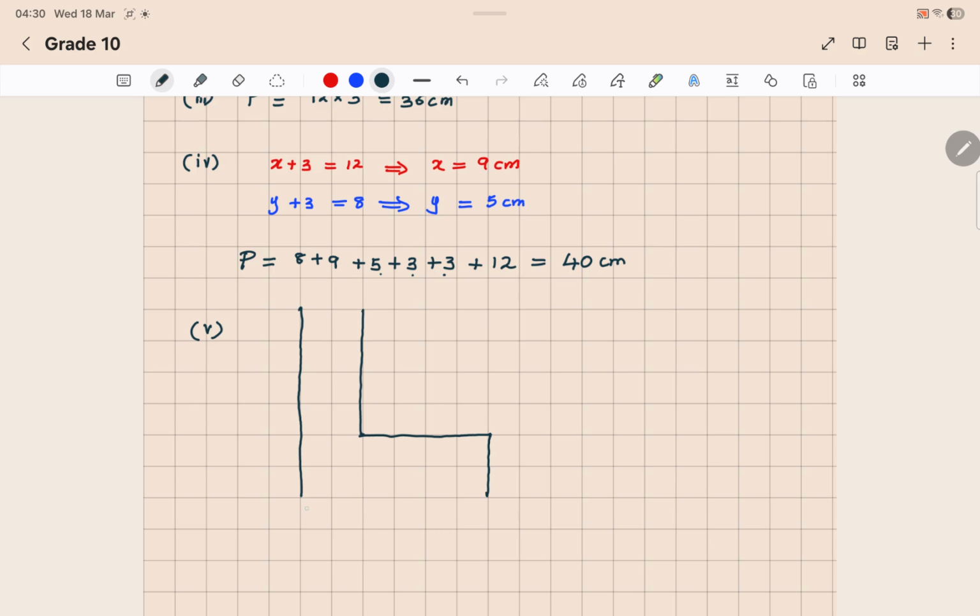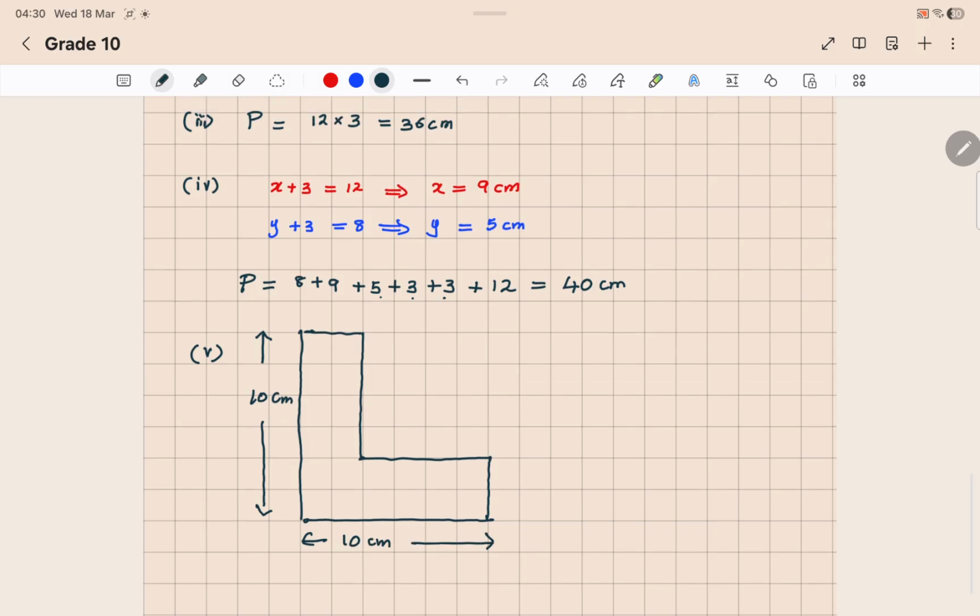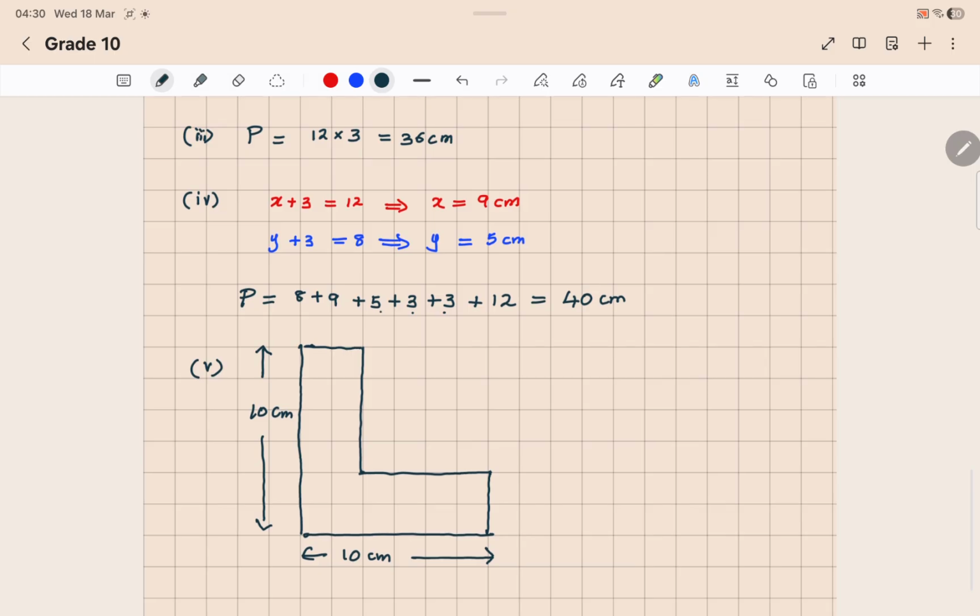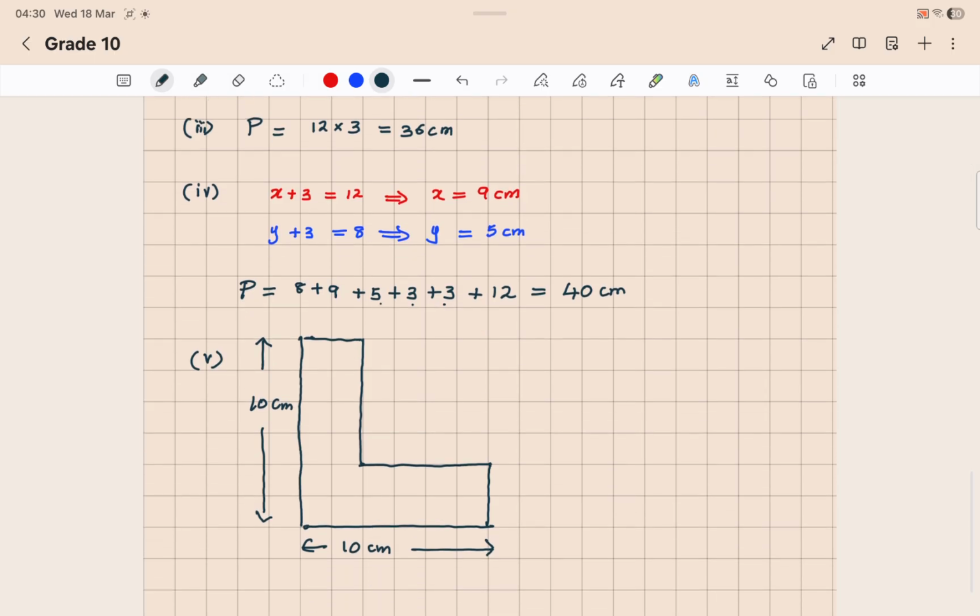We have this shape. This is given as 10 centimeters and this length is also given as 10 centimeters. We have to find the total length of the boundary to get the perimeter.